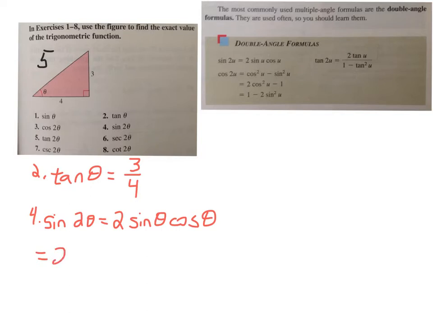And so that's 2, sine, SOHCAHTOA, opposite over hypotenuse, so 2 times 3 over 5, and cosine is 4 over 5. And then we're just multiplying these out, and we get 24 over 25.